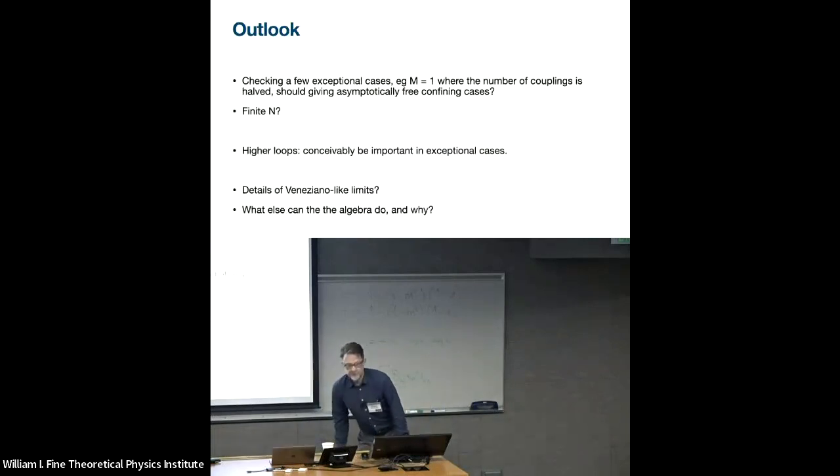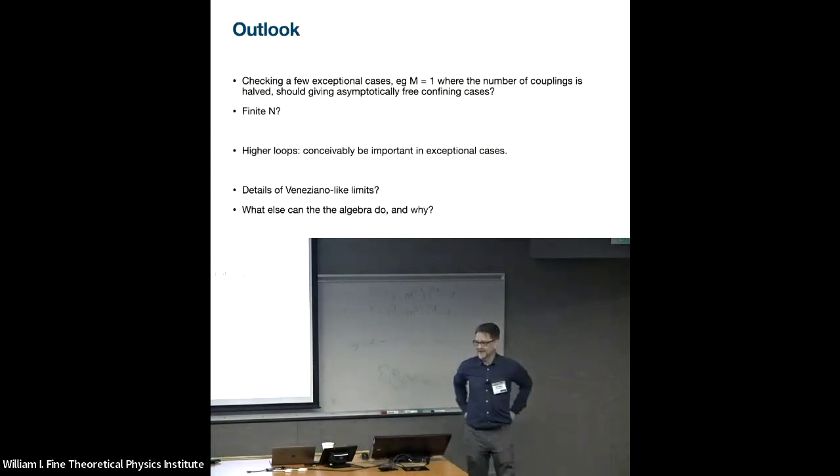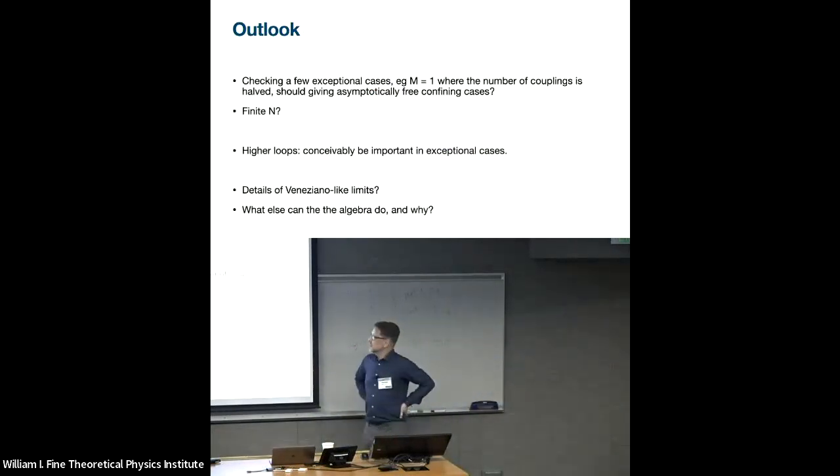For us, I suppose it's time to close. And what to do next? There are a few exceptional cases that we haven't covered yet. The simple case of M equals 1 is not included, actually, because these four quartic couplings are linearly dependent in that case.